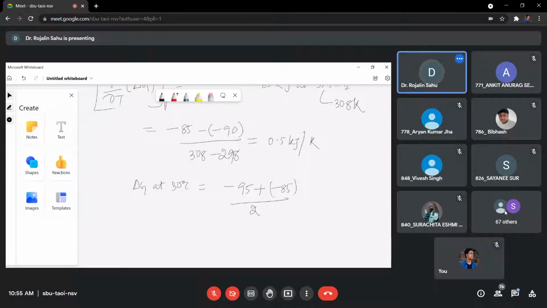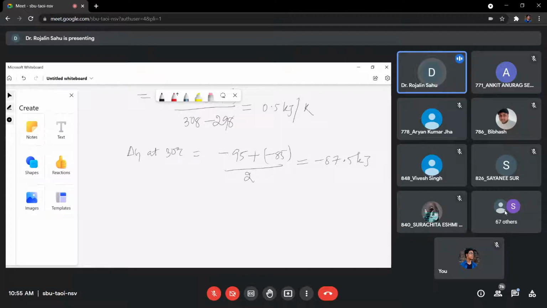So it is minus 87.5 kilojoule. Now from the Gibbs-Helmholtz equation, del G is equal to del H plus T into del G by del T at constant pressure.